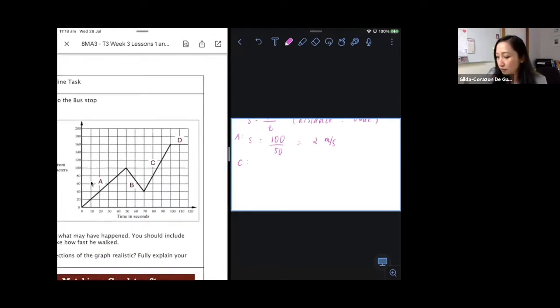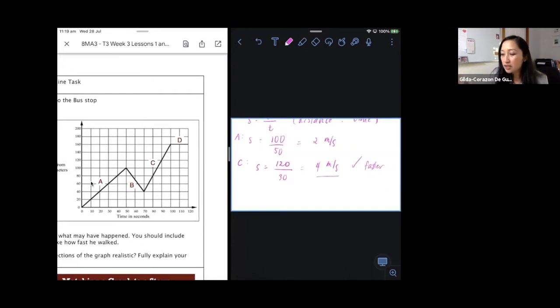So at 40, distance 40, he went to distance 160. What's the difference between them? 120. So the speed now is 120 divided by, from 70 to 100, that's 30 seconds. Thank you. So 120 divided by 30 is 4 meters per second. So obviously this one here would be faster, right? Because your speed is higher, right?